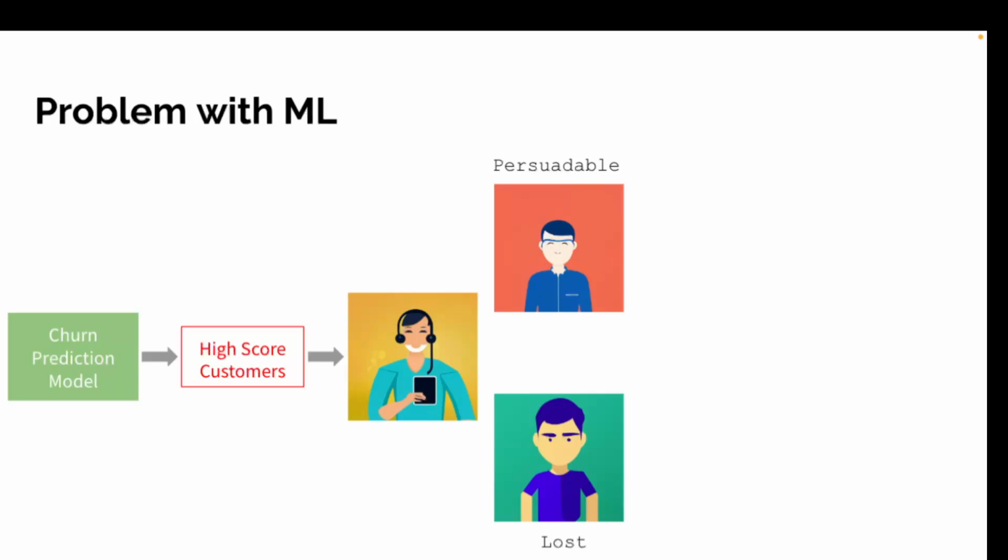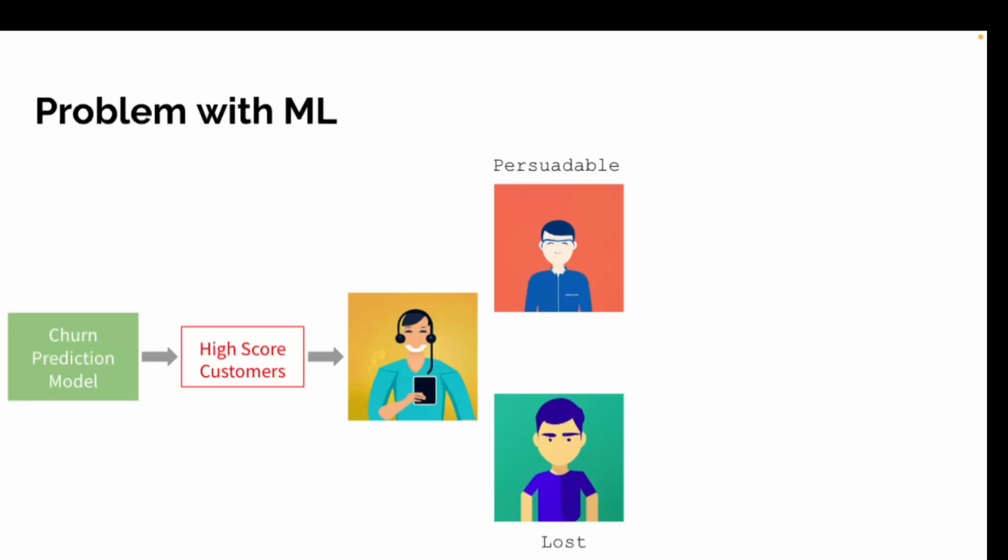Why not? And the question is, if I just retrain my model on a new sample, what kind of problem can this cause? Persuadable people will be indicated as non-churners, but it is only because of me intervening. Exactly, yeah, that's correct.